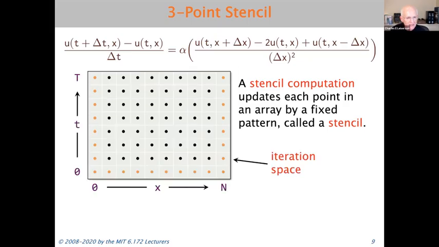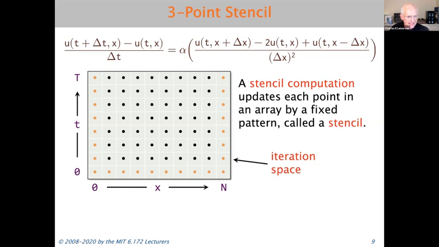So what I've drawn here is, although we're going to just do it on a single array, I'm going to draw out the whole iteration space in time t so we can see what's happening from step to step. You wouldn't ever want to necessarily build out this whole space.